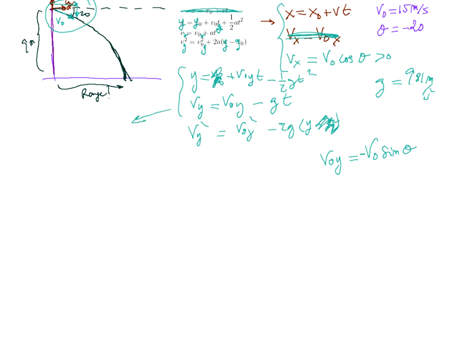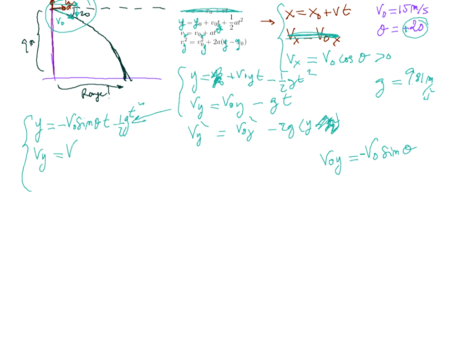Hence, our equations become y is equal to negative v naught sine theta t minus 1/2 g t squared. And in this case, if you put the negative sign up front, make sure you only use the absolute value.